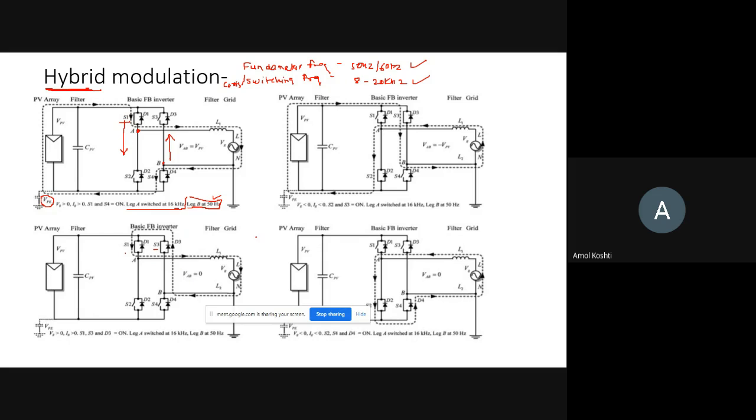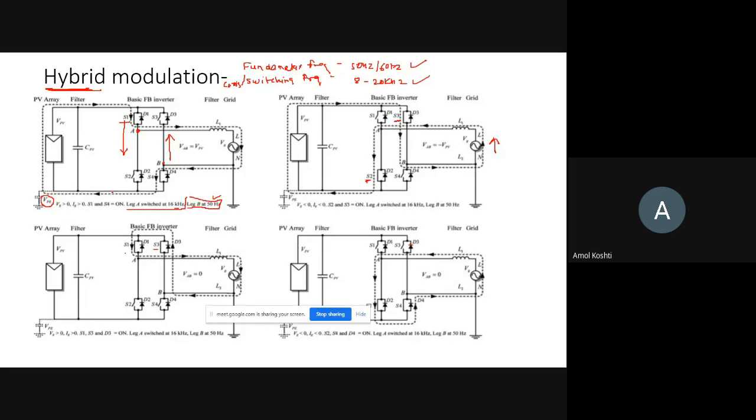Then to produce the negative half, again we have to turn on the switches which are diagonally opposite, that is S3 and S2. If you see, the direction of current is opposite, so the negative half is produced. After the negative half, again to produce a zero, the two switches from the lower end which are not diagonally opposite are turned on, and again zero output is produced.